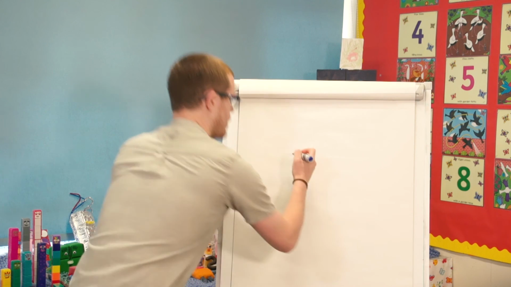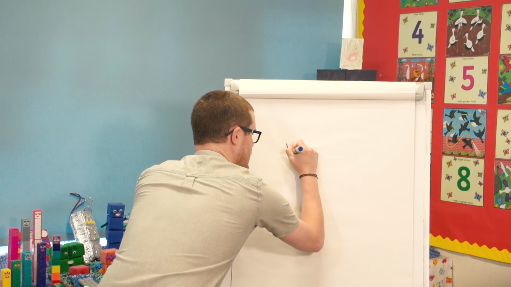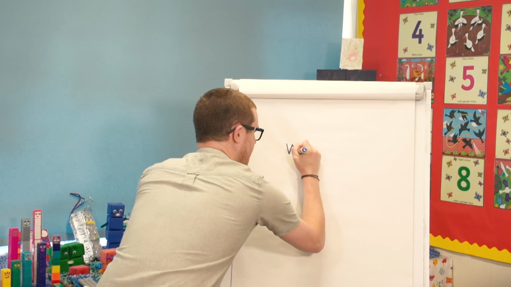Work. Segment the sounds with me. Work. K. Let's count how many sounds there are. Work. K. That's 3 sounds. Watch me write work. Can you remember the tricky bit? Well, the first sound is.